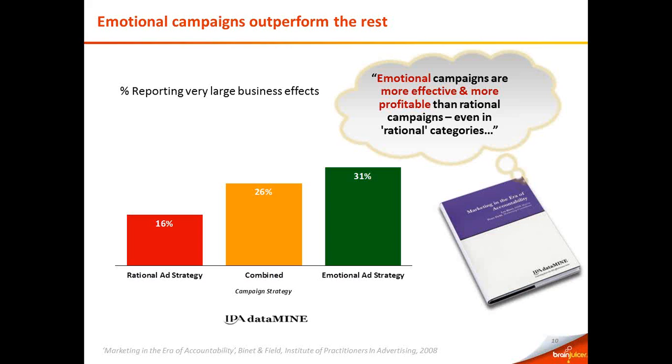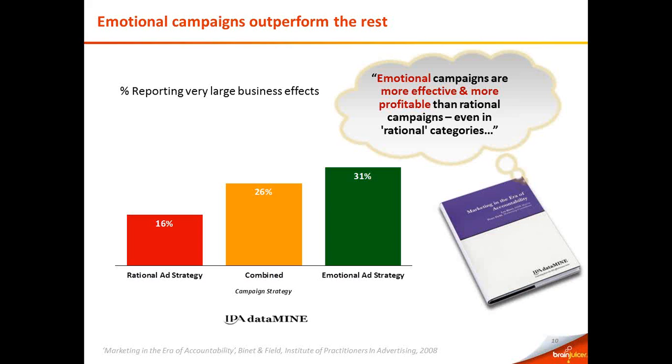And what they found was that communications with an emotional strategy were much more likely to deliver the largest business effects. And in this context, business effects are defined as sales increase, share gain, or increase in price elasticity.